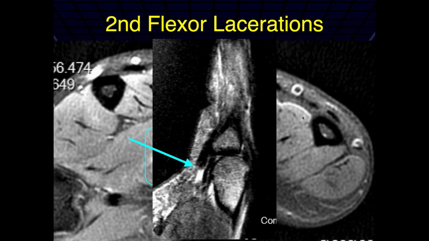How are these to fix, John? Yes. How are these to fix in this location? Usual suture. It's really right at the metacarpophalangeal joint, where the laceration was.